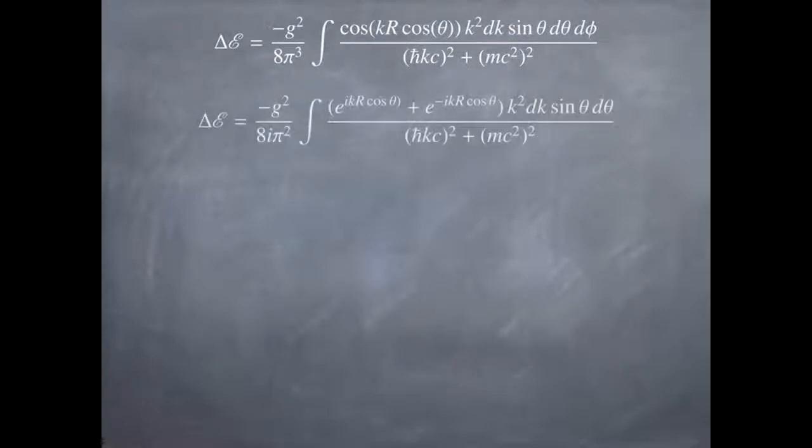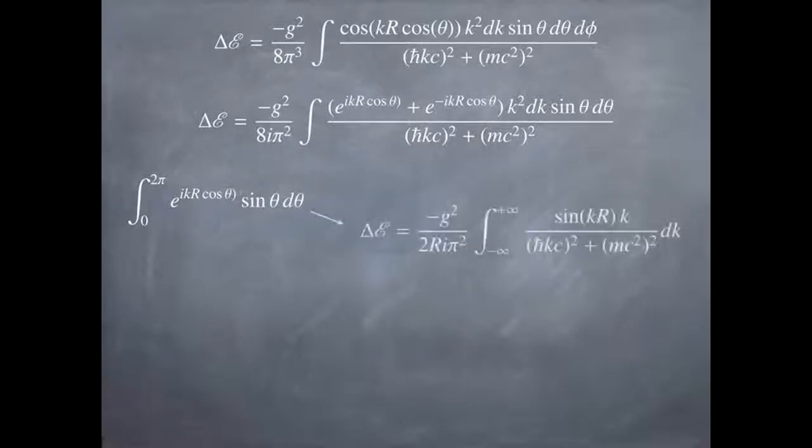This integral actually looks very much like the integral in Griffiths that he does to study the Born approximation in scattering. I'm going to repeat parts of it. I can separate the cosine into the e to the ikr cosine theta plus e to the minus ikr cosine theta. I can do the integral over sine theta, and that gives us a sine kr times k over the energy denominator.